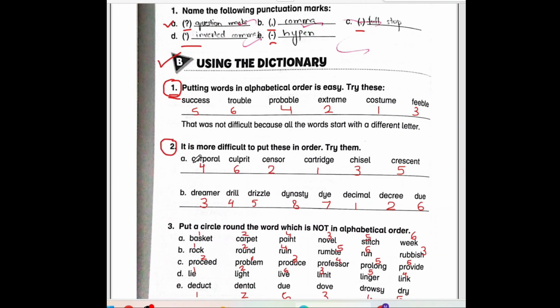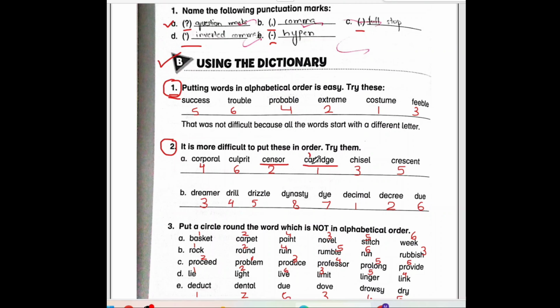Why? Because all the words are starting with the letter C. So now we have to look at the next letter. For example, if you look over here, it starts with the letter C, and if you look over here, it also starts with the letter C. Now we have to look upon the next letter.